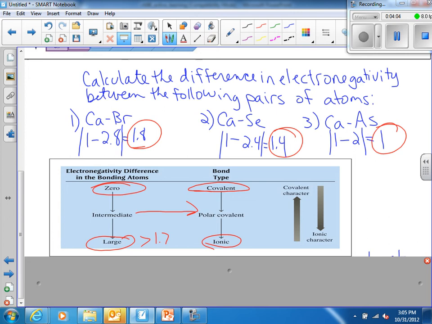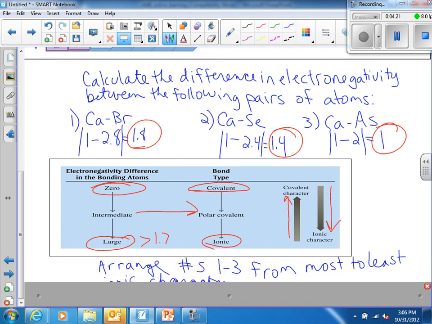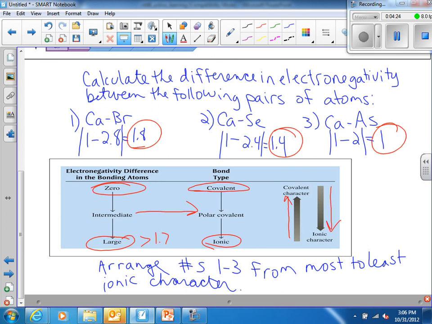As the difference in electronegativity decreases, the covalent character increases. And as the difference in electronegativity increases, the ionic character increases. So now we're going to arrange 1 through 3 from most to least ionic character.